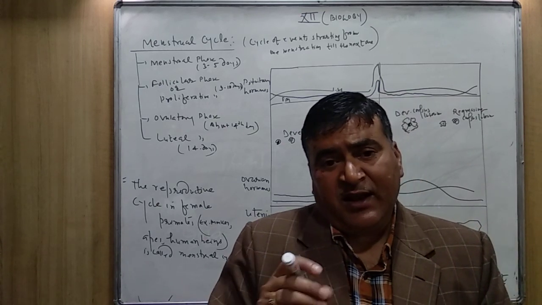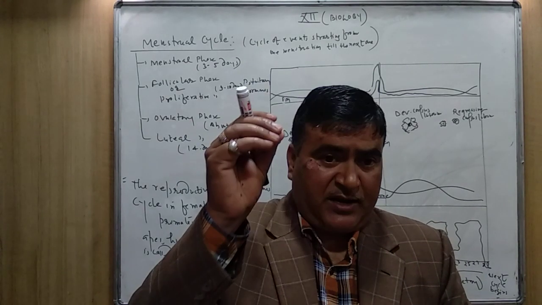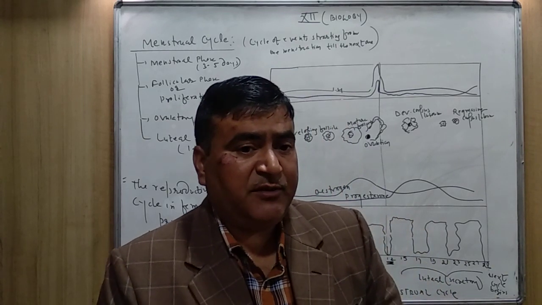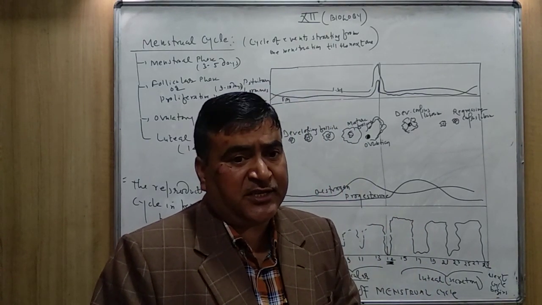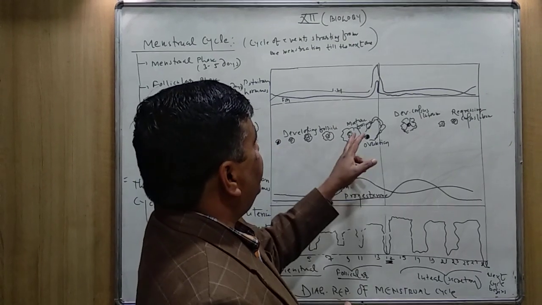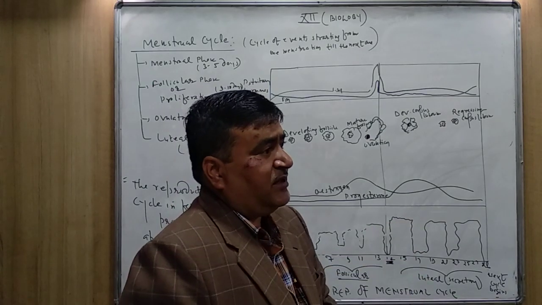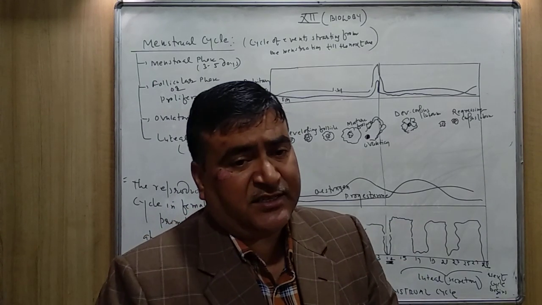The level of LH is at its peak on the 14th day of the start of the menstrual cycle in the ovulatory phase, and it induces the mature Graafian follicle to release ovum, and that's why this is called LH surge.